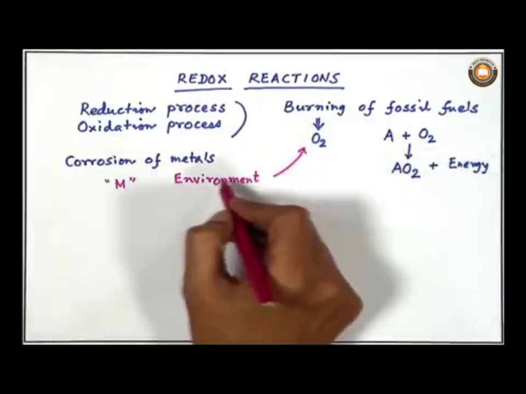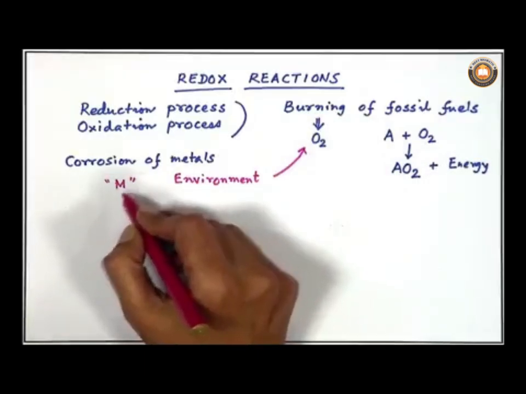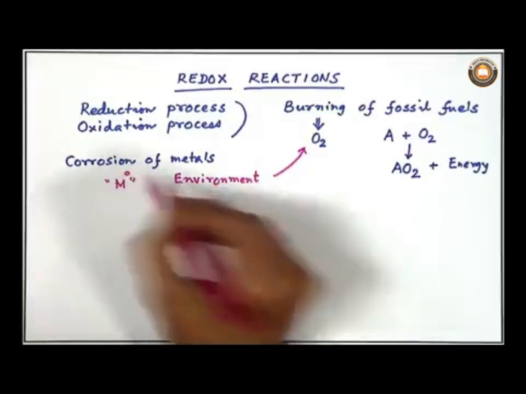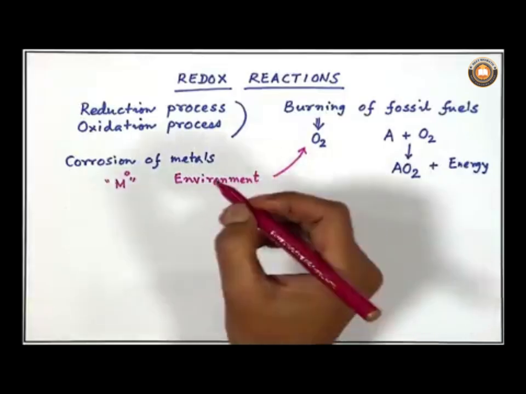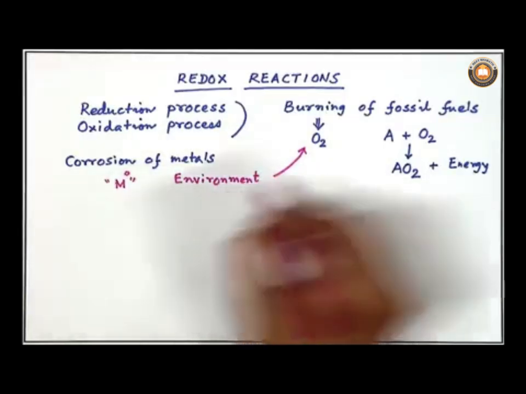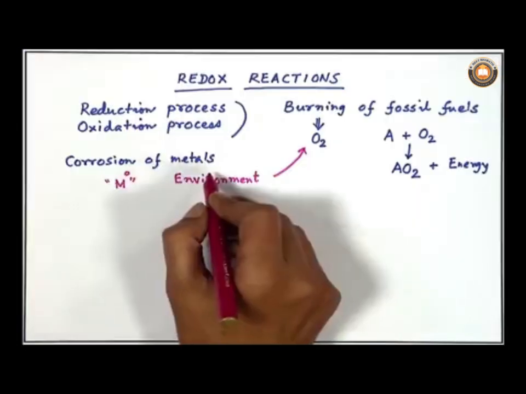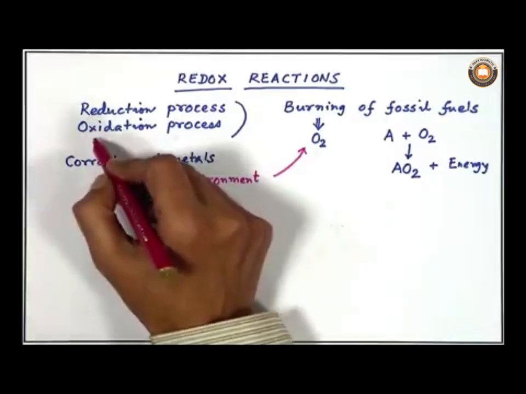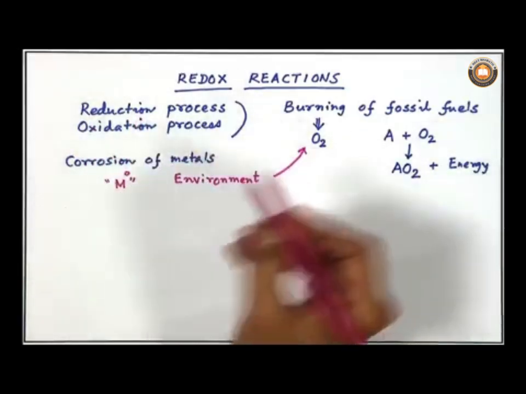So, the corrosion of metals is basically known as the corresponding degradation of the metal. Metal means it is in the metallic form, in the zero oxidation state. So, typically, from the burning of fossil fuel to the environment where corrosion of metal takes place, we can have both these two processes of reduction as well as oxidation.